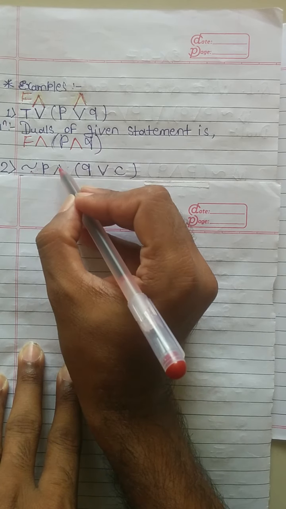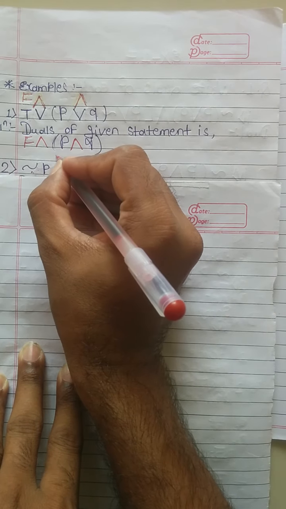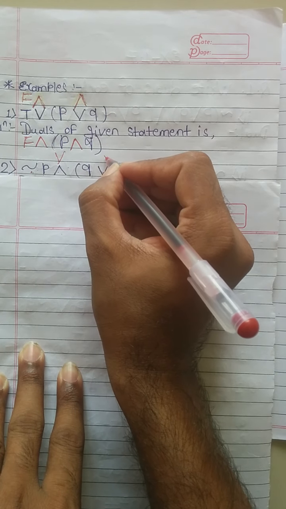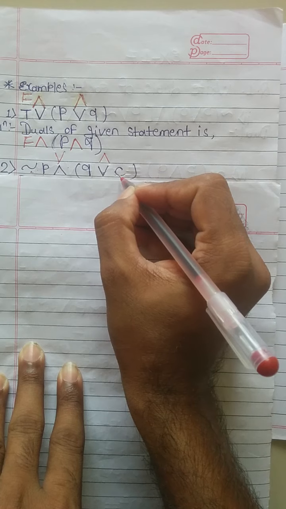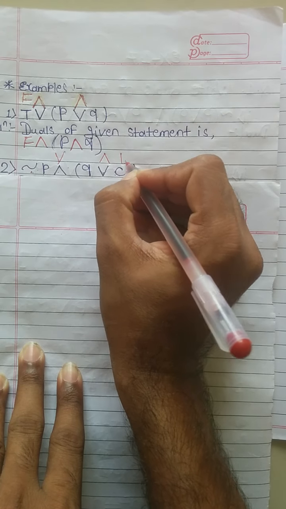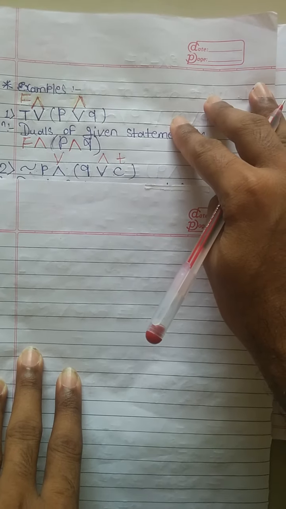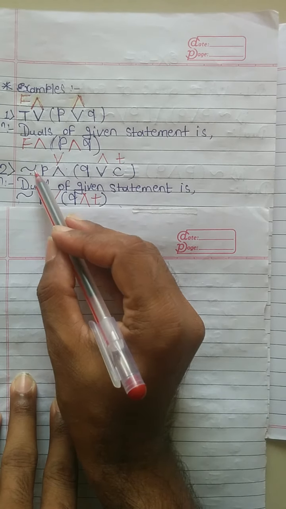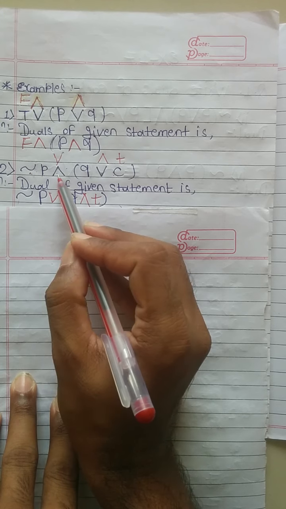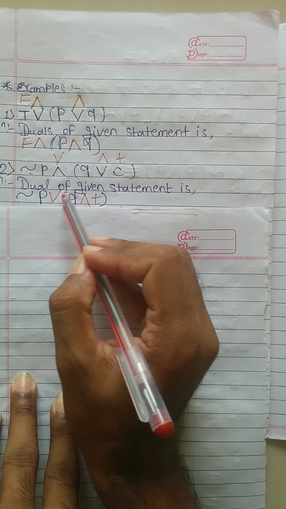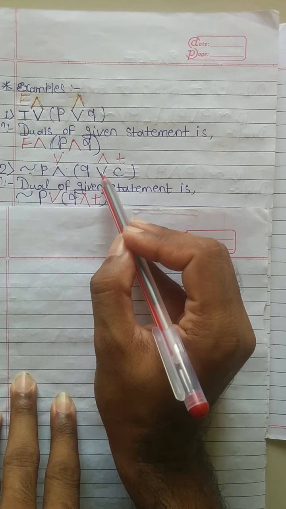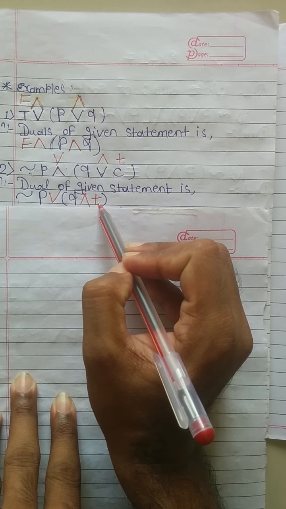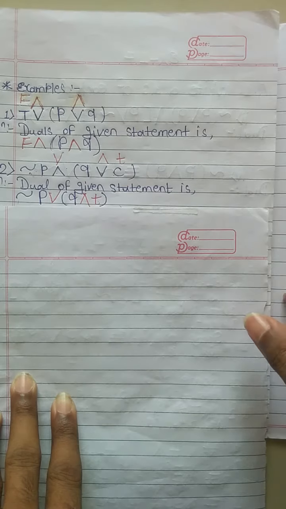Then here the dual of conjunction becomes disjunction, the dual of this disjunction becomes conjunction, and the dual of C becomes T. Now write down the whole statement. Then the dual of the given statement is negation as it is, P, negation of conjunction becomes disjunction, Q as it is, negation of disjunction becomes conjunction, and negation of C becomes T. Okay.